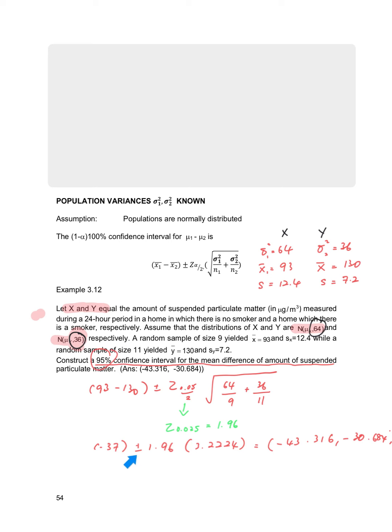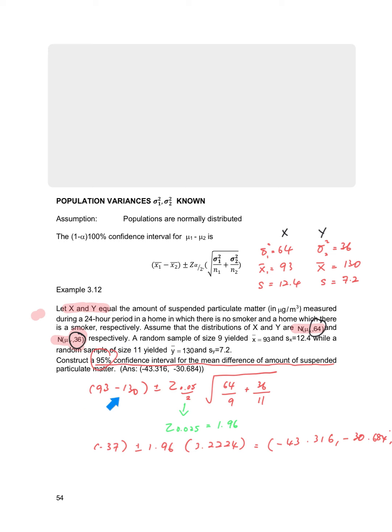So don't forget to do the subtraction first, okay, baru awak buat plus sign. Okay, buat minus sign dahulu. Okay, so you will get the answer is negative 43.316 and negative 30.684. Okay, so these are the confidence interval for the difference between population X and Y.